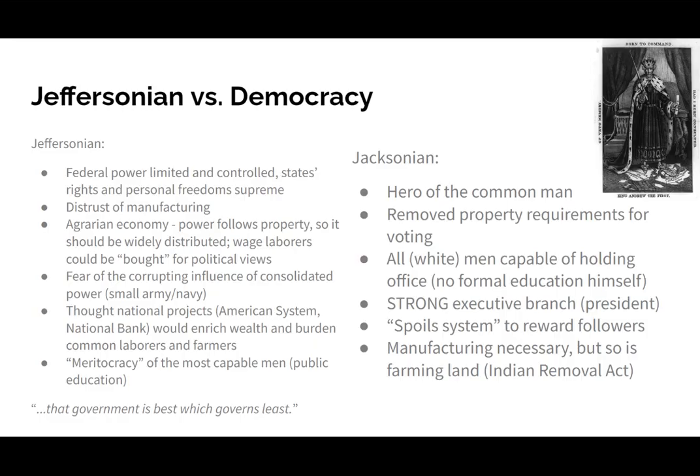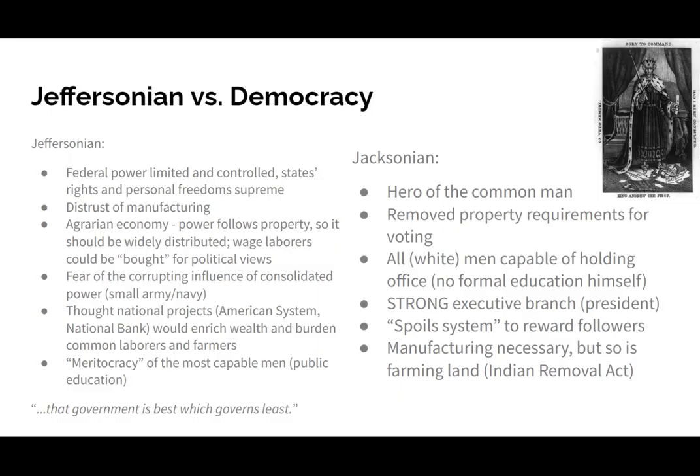To be fair, he also supported public education, which is a little bit unusual considering that he believed really strongly in personal freedoms, but he also believed that the government should pay for public education so that people could become educated and have a chance at becoming one of those meritocratic, capable men who ruled the government. But overall, Jefferson is known for saying the government that is best is the one which governs the least.